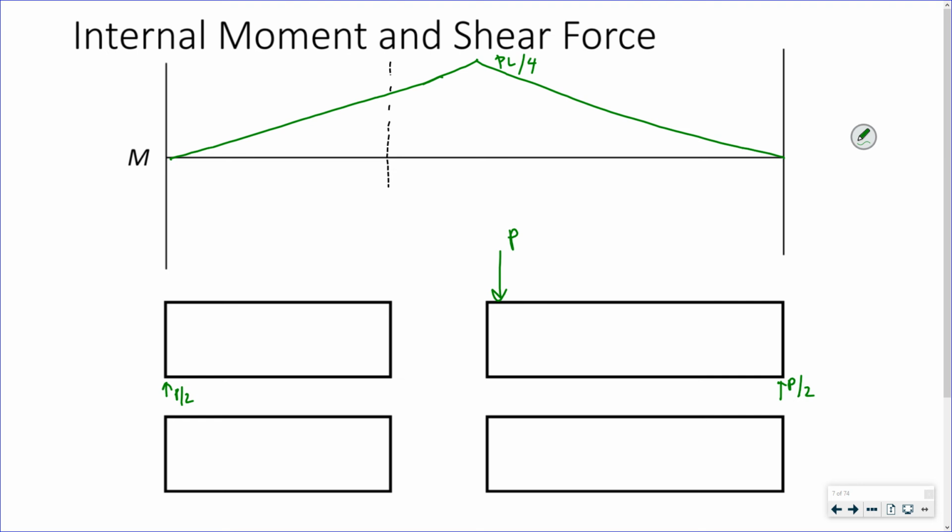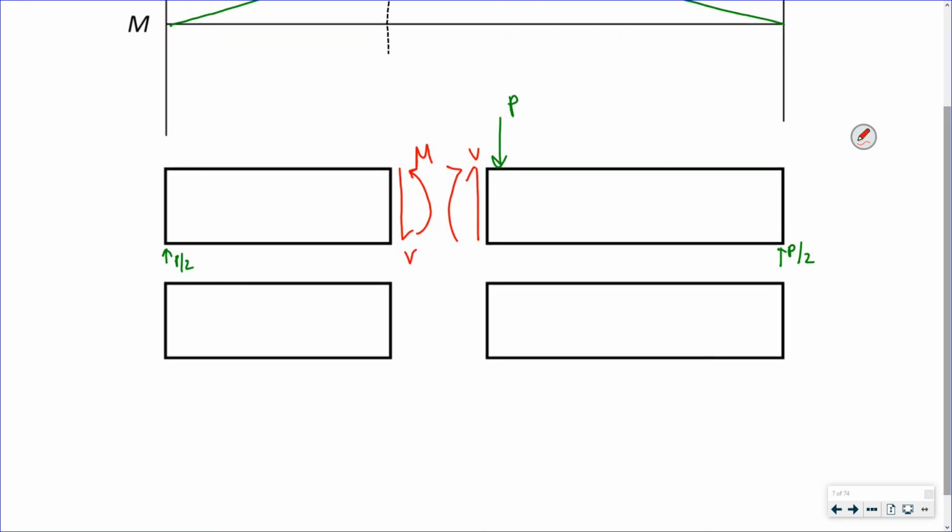If I look at my internal forces, I've got a shear force, which would be equal to P over 2, and a moment, which would be equal to P over 2 times whatever length is where I cut it. So those are my internal shear and moment.